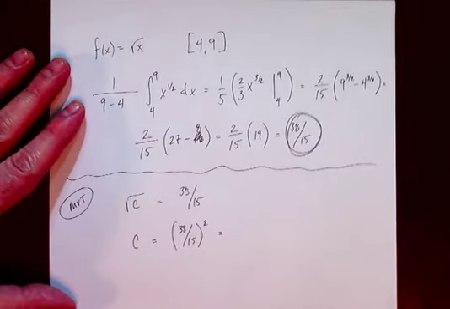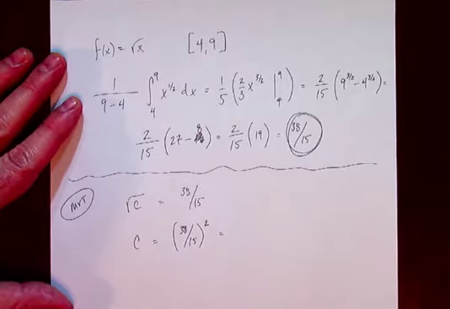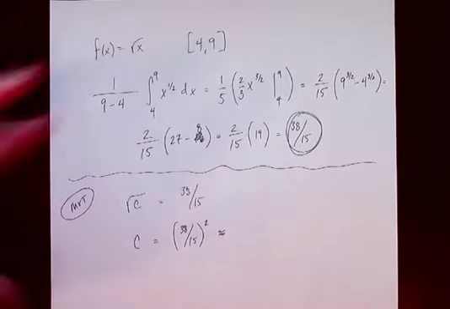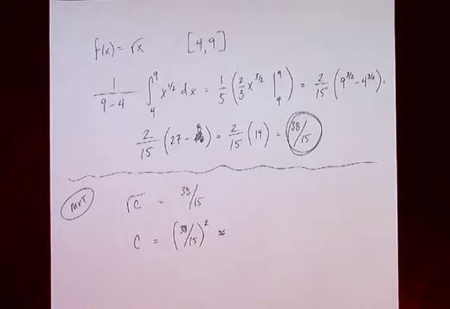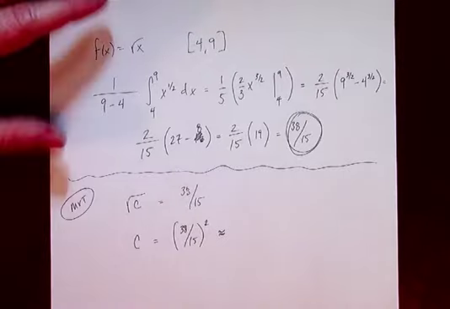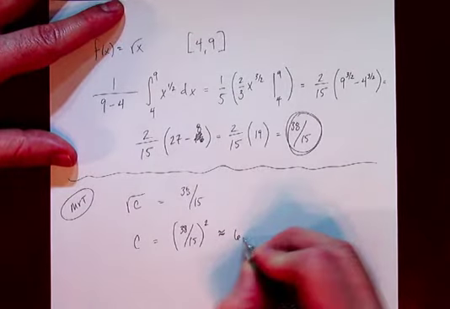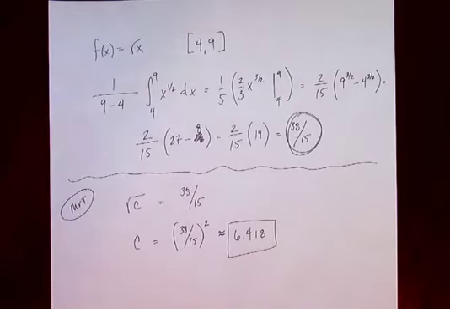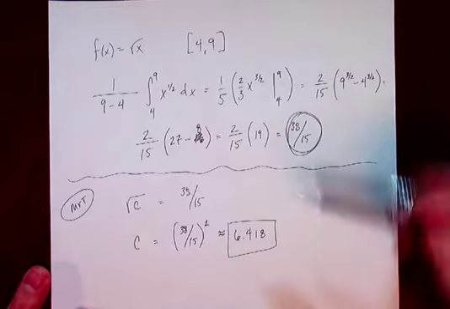You're going to be looking for a decimal approximation anyway, because even if you were to square it and get the correct and proper fraction, it's going to be more difficult to figure out exactly what that number represents, what its true value is. And so the true value is somewhere around 6.418 when you plug it into your calculator. And that is on this interval.